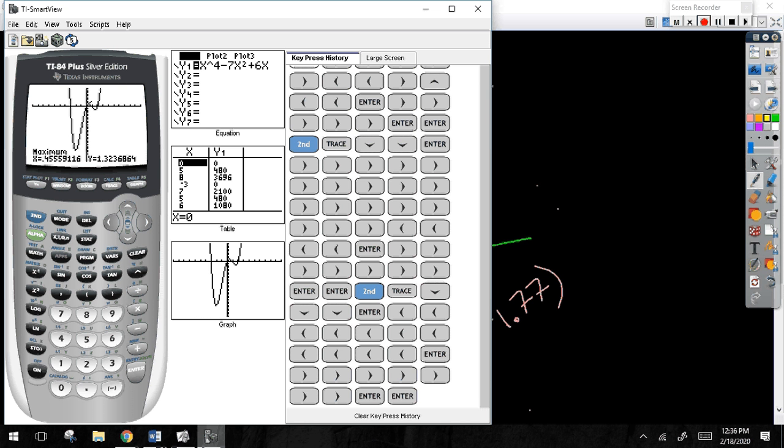You're not hitting trace, are you? I don't do that left and right. You got to do that left and right. And I got 0.42. Well, because you're tracing and you're just trying to get as close to it as you can. So you want to do calculate so that it actually goes in and calculates that high or low point.